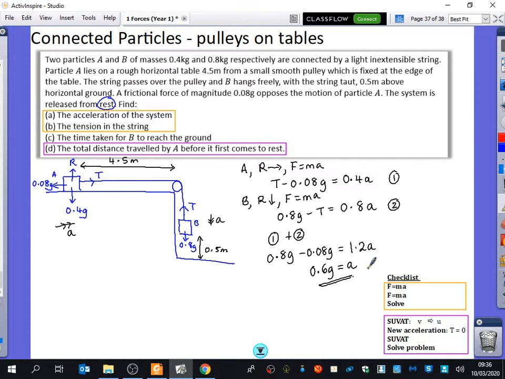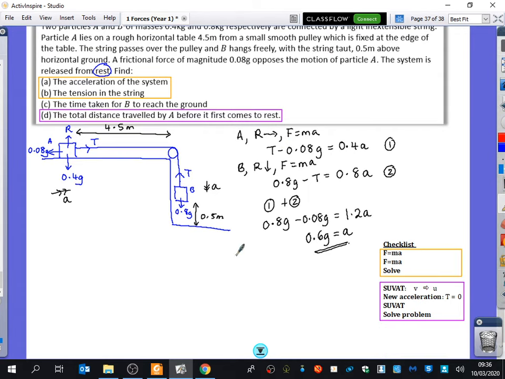Same process as before. I'm going to use equation 1 to find out what the tension is. So equation 1 gives me that T equals 0.4a plus 0.08 g. So that's 0.4 times 0.6 g plus 0.08 g.